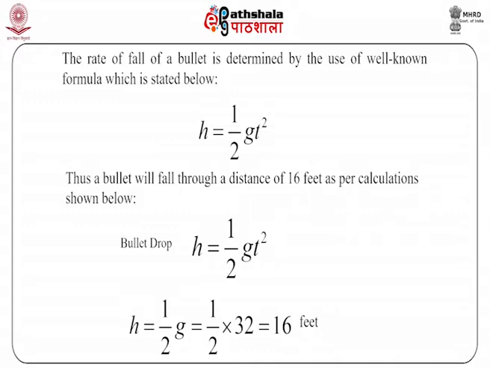It is generally taken as 32 feet per second square, t is time in seconds. Thus, a bullet will fall through a distance of 16 feet as per calculations shown below. Bullet drop h is equal to half gt square; when t is equal to 1, h is equal to half g, which is equal to half into 32, which is equal to 16 feet.